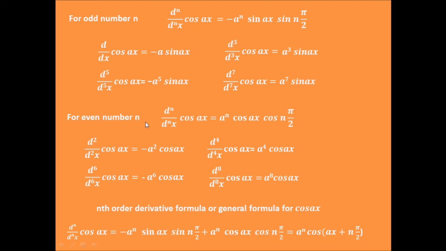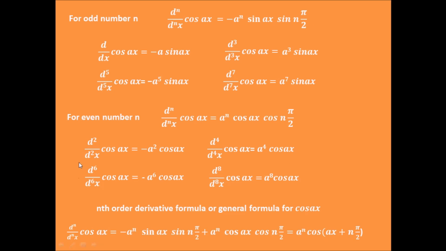So, based on this assumption, we have the second order derivative, which is minus a to the power of 2 times cosine ax, which is exactly the same as what we got here. So this assumption is right for n equals 2. Similarly, we can use these three terms to verify this assumption. Obviously, this assumption is right for the four terms here.